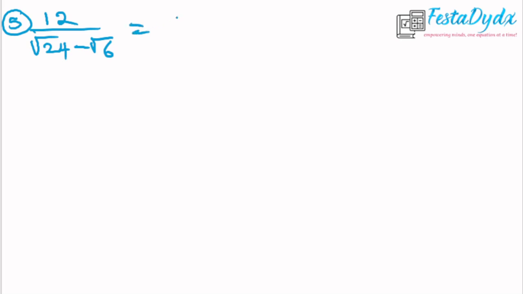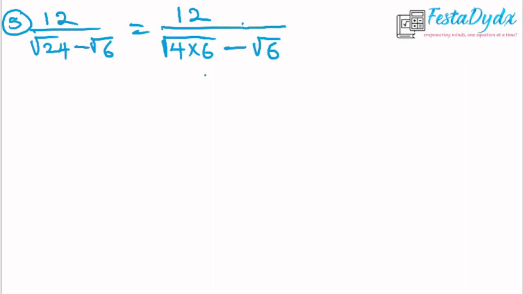So we'll have 12 all over. Root 24 needs to be simplified to a basic surd. And in root 24, we can get 4 times 6 as its factor. Then we'll have our minus root 6. So now this is going to be 12 all over the square root of 4.